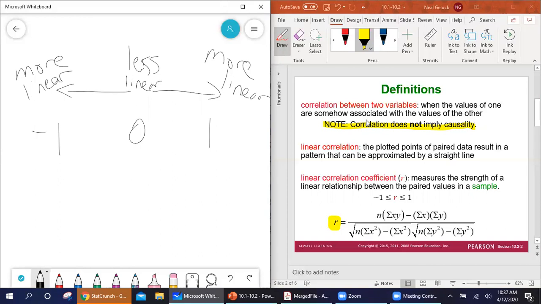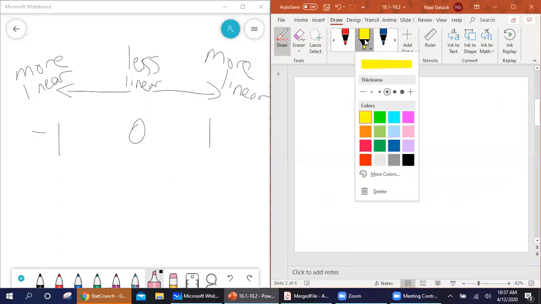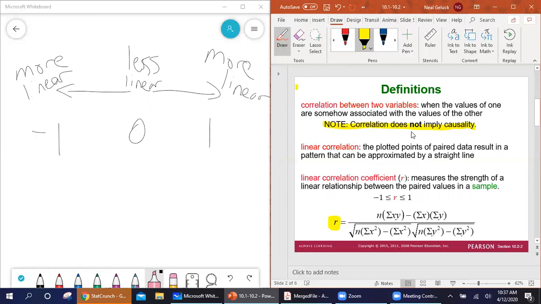Closer I am to 1 or -1, better as far as a linear correlation. Now, I have this really nasty formula down here. Do not worry about this formula. You do not have to use it. It's mainly there to scare you. We're going to be using StatCrunch to figure out the R value, but there is a formula to it. I just wanted you to be appreciative of how much work StatCrunch is doing to give us this R value.